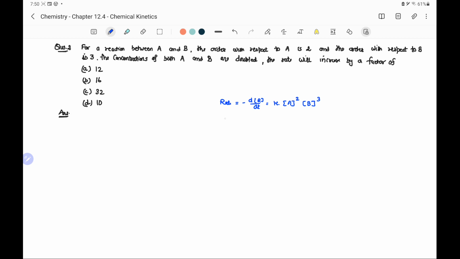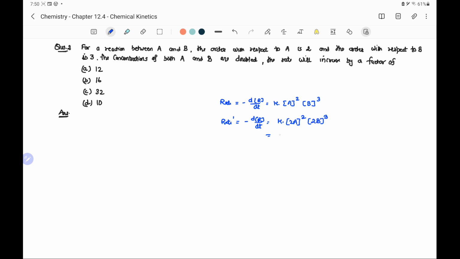Now as per the question, the concentrations of A and B are doubled, so the new rate, rate dash, equal to minus dR by dt, will be equal to K into 2A, because concentration of A is doubled, raised to power 2, and concentration of B is also doubled, raised to power 3.